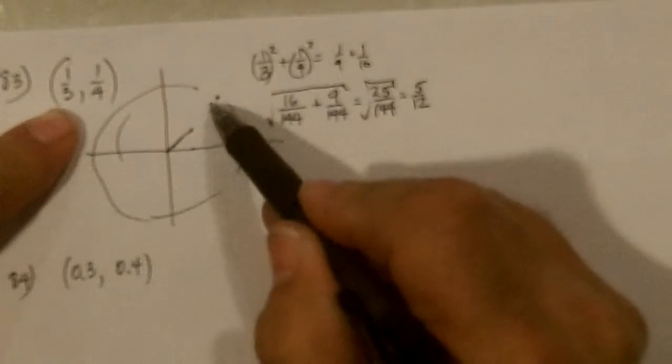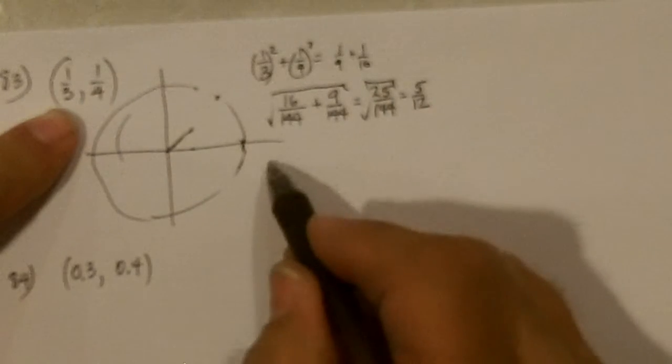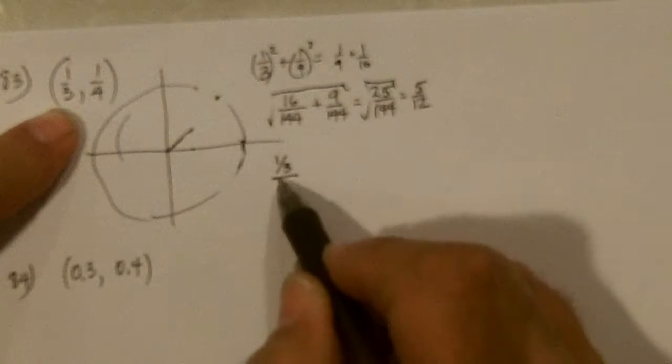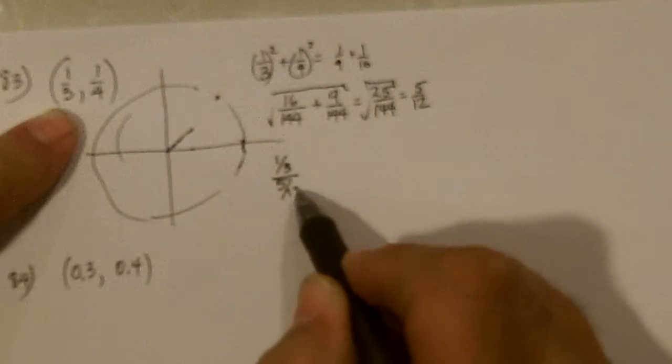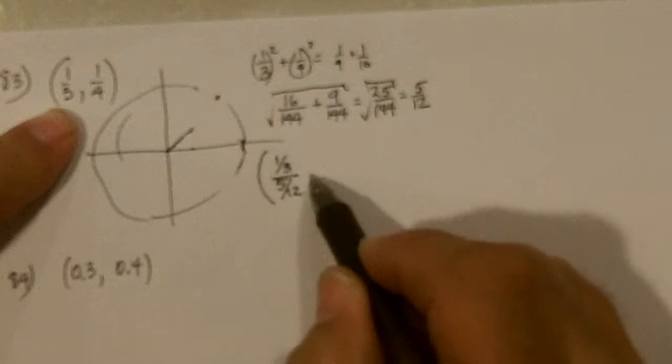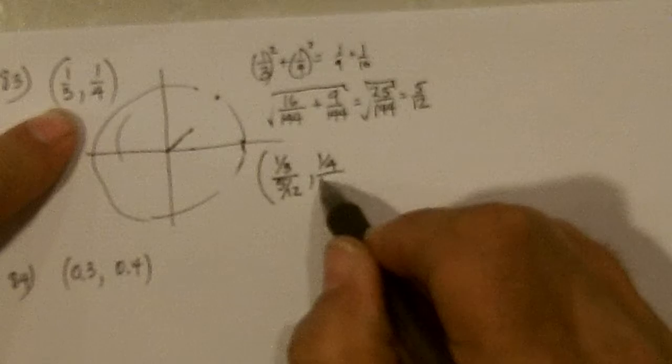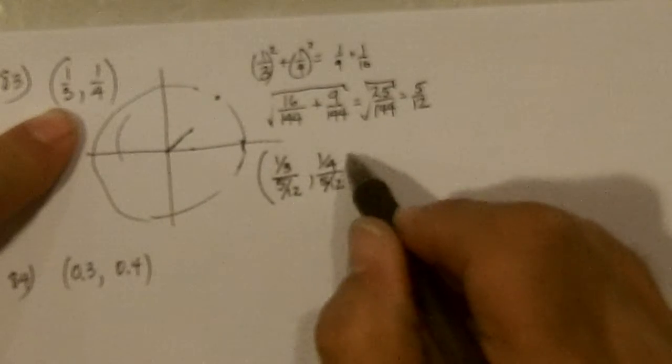So the point out here will be 1/3 divided by 5/12, comma, 1/4 divided by 5/12.